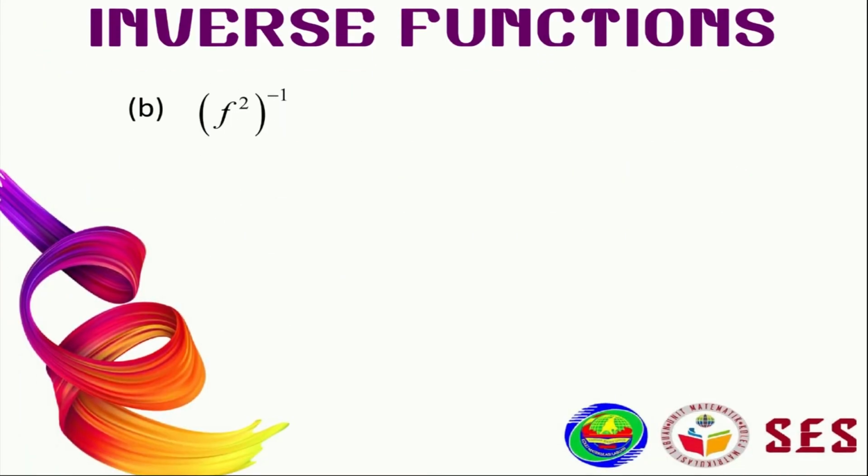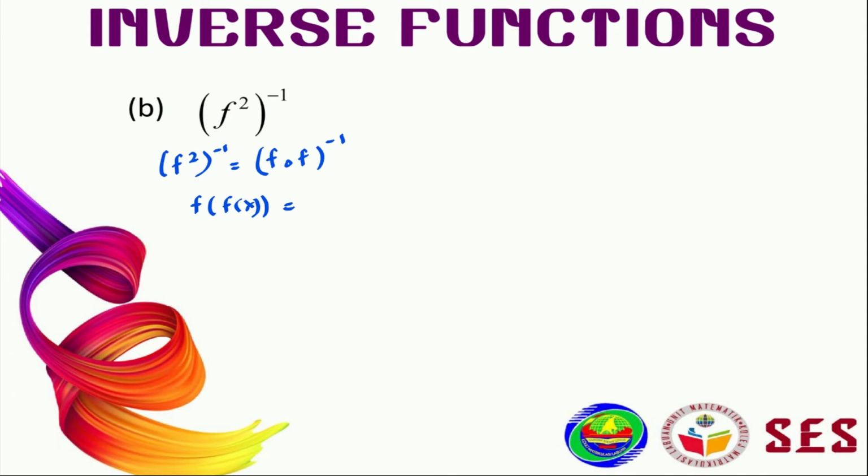Question B. What we need to find is the inverse of f composed with f. So this should be written as f composed with f, with the inverse on the outside. What we need to find in the first place is the composition of f(x) into itself.